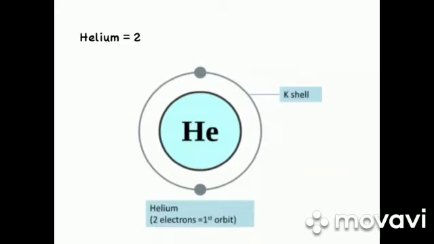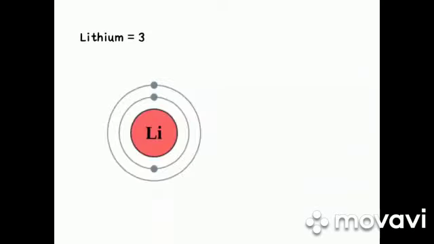Now we have helium. Helium has 2 electrons that would reside in the first orbit, K shell, and the maximum capacity of K shell is 2 electrons. Now we have lithium. The atomic number of lithium is 3, means there are 3 electrons in lithium.